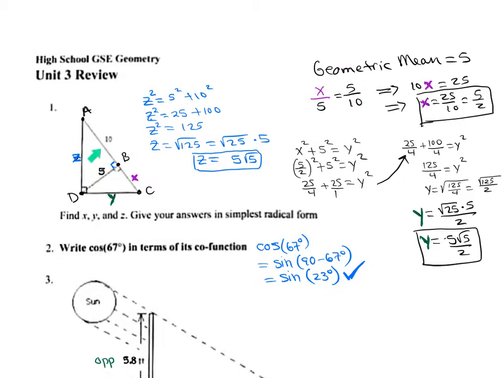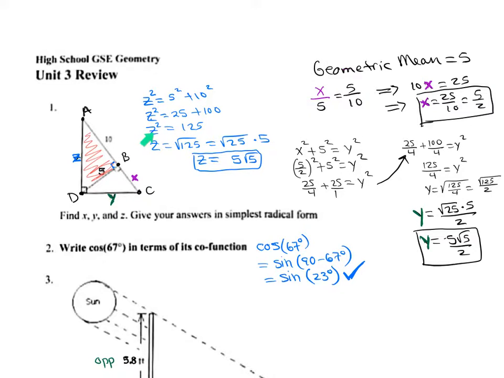And that's because we have this right triangle here, where this side is 5 and this side is 10. So we can use the Pythagorean Theorem, which says z squared is equal to 5 squared plus 10 squared. That's z squared equals 25 plus 100, which means z squared equals 125.